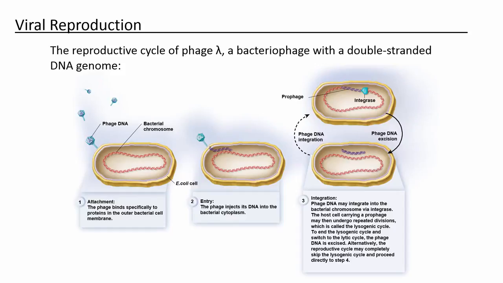Because that cell wall is a rigid, strong structure, the virus has to have a way of breaking that cell wall down or open in order for the virus to escape the cell.